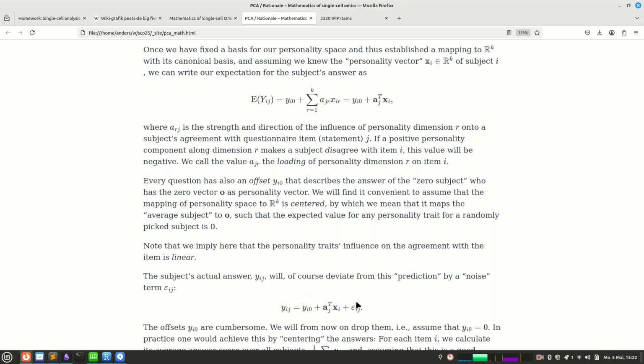A, it can capture aspects of the questions which are not well predicted by our model of personality, and B, random fluctuation, because the same person will not always answer the same way to a question depending on the mood of the day or whatsoever. So we consider this just a noise term which, for simplicity, we say is normally distributed.